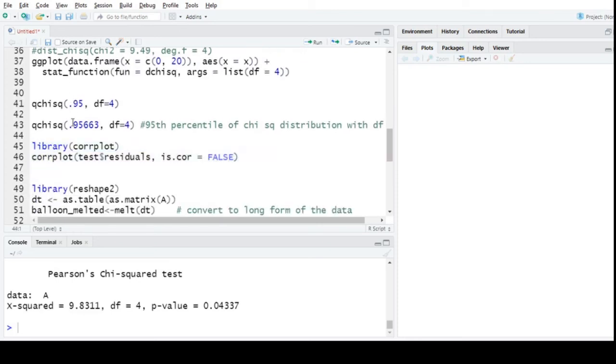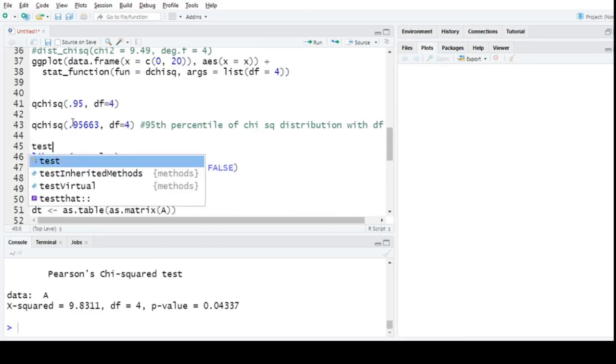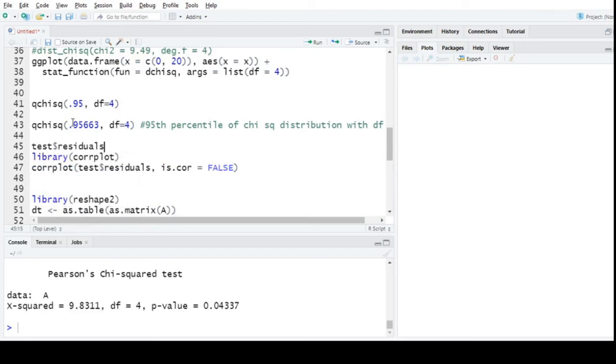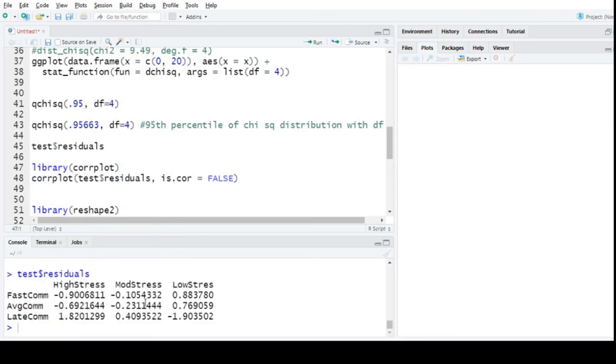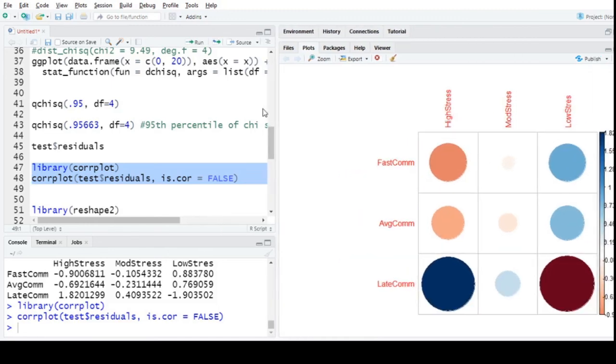One of the interesting variables is the residual, right? This is the residual, the difference between the observed and expected. If you print this, you get this difference here, and you can plot the residual and see what kind of association there is between the two attributes.